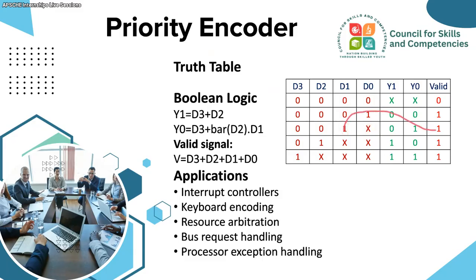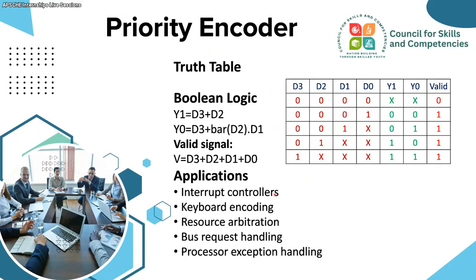It gives valid as 1 because D1 is 1, so it is giving the priority. And if D2 is 1, whatever the other values, 1 or 0, it is don't care. It goes and gives this as an output. This is the idea behind the priority encoder.